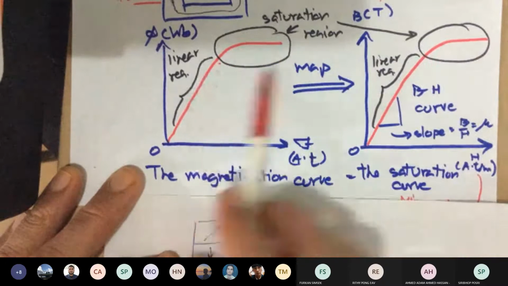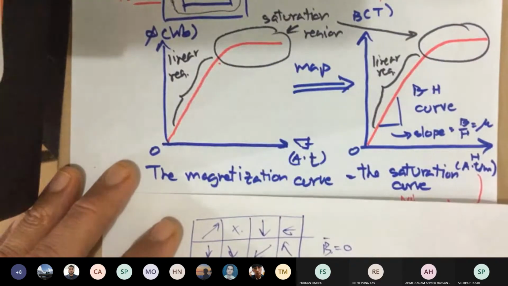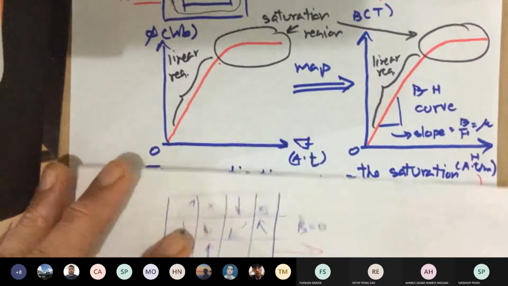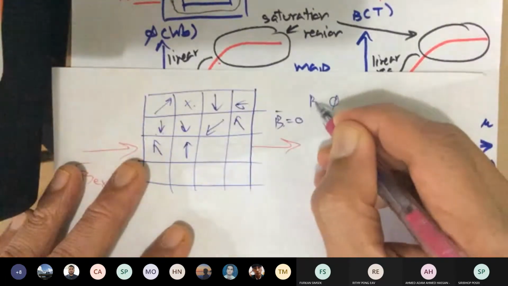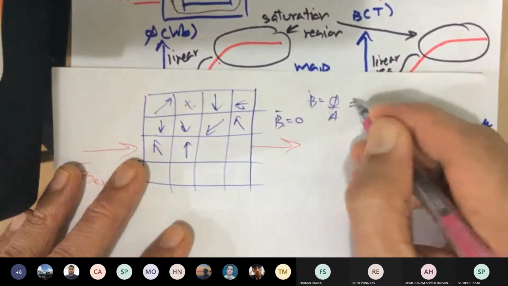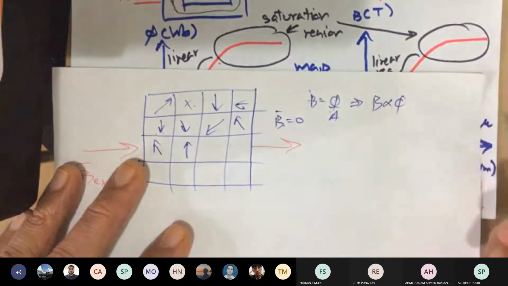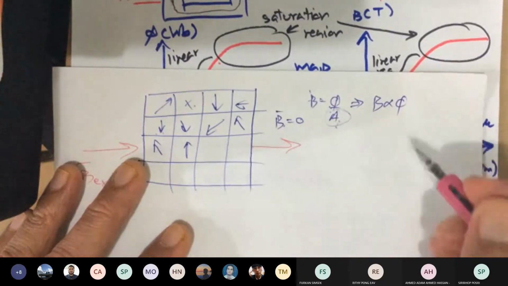Now we can also map this curve. We know that B is equal to phi over A. So we know that B is proportional to phi, assuming constant area.